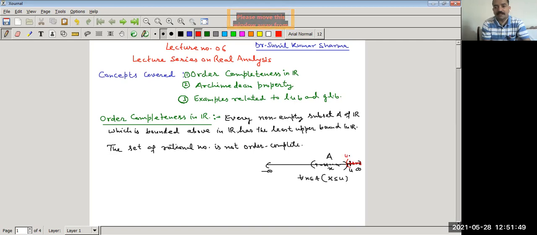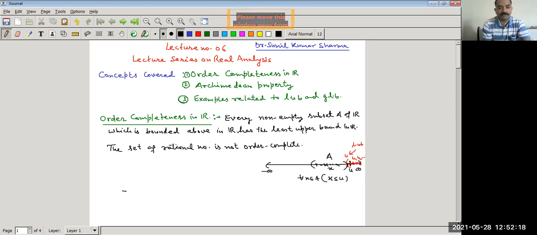If u is the least among all the upper bounds u1, u2, and so on, then this is called the least upper bound of A. So if A is a non-empty subset of R and it is bounded above, then it has a least upper bound. But the set of rational numbers is not order complete because it does not enjoy the least upper bound property.